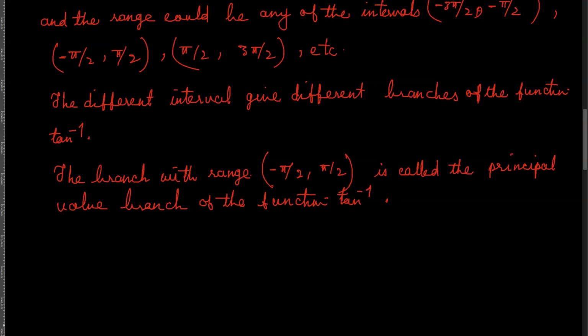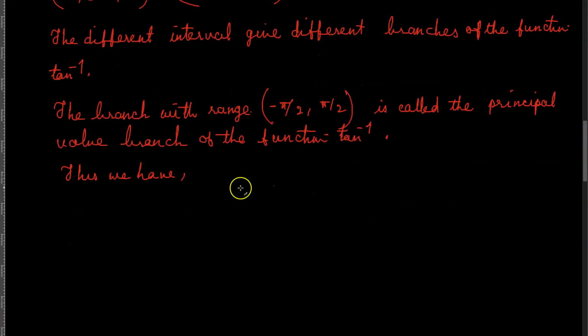Now, to sum it up, we can say we have the tan inverse function, a function from R to the interval negative pi by 2 to pi by 2, and remember that this is the open interval.